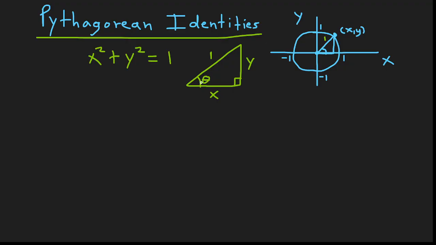We know that cosine of theta is going to equal the adjacent, which is x, over hypotenuse, which is 1. So that'll be x over 1. So that just means that x is cosine theta.